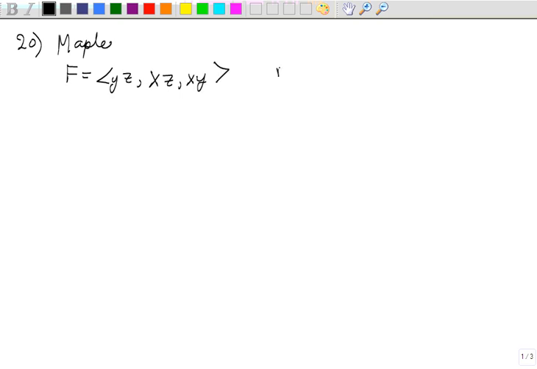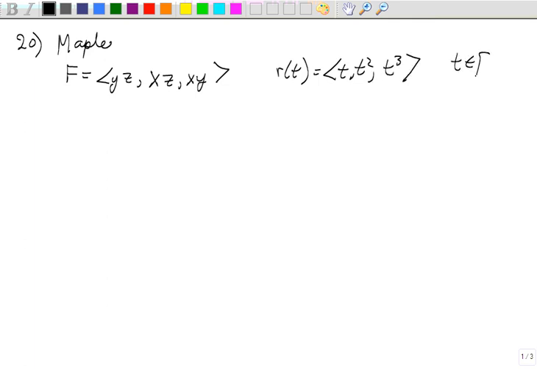Okay, in number 20, I'm going to use Maple. F is y, z, x, z, x, y, and r is given by t, t squared, t cubed.